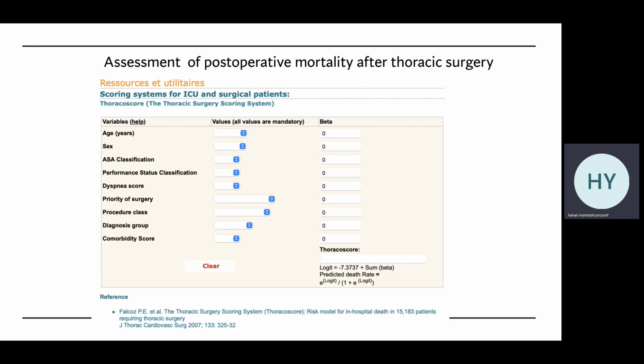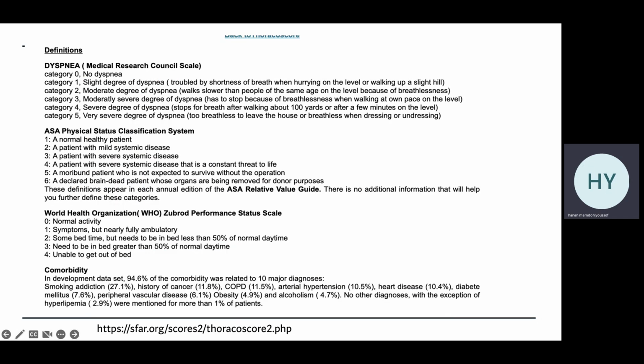The other thing is that it doesn't take into account the TNM staging, the tumor staging, or anything. The main items here are the age, the gender, the ASA classification, performance status, dyspnea scores, and the comorbidity scores. There are 10 comorbidity scores already known in this score.